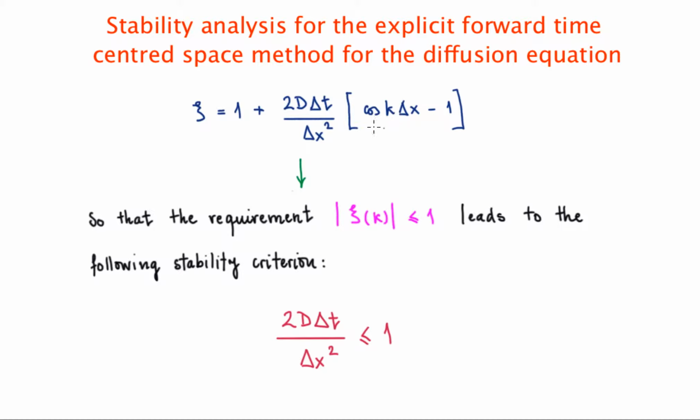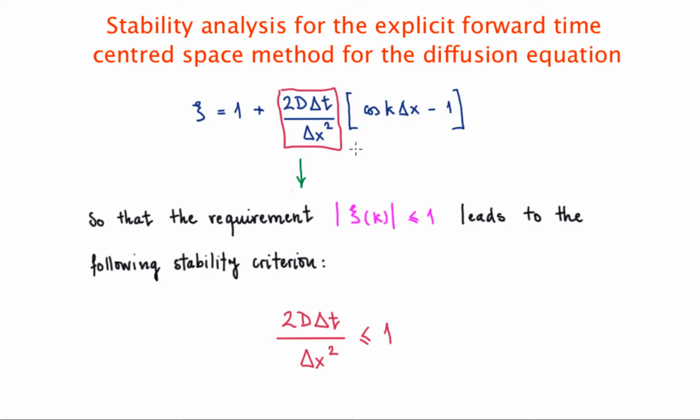And for those k delta x values where the cosine is minus 1, then you have this is minus 2. And so the stability requirement is that this factor here has to be lower than 1, so that when you are summing with 1, you are getting an eta that is negative, but the absolute value becomes therefore lower or equal than 1.